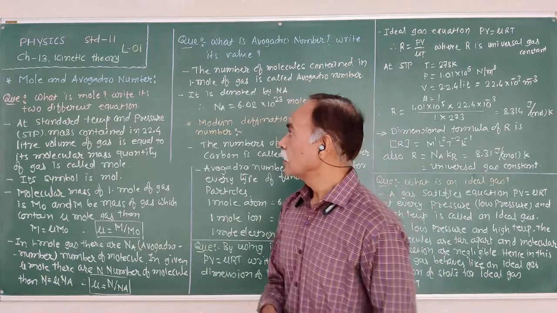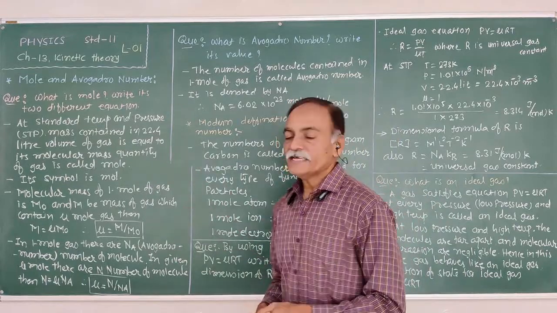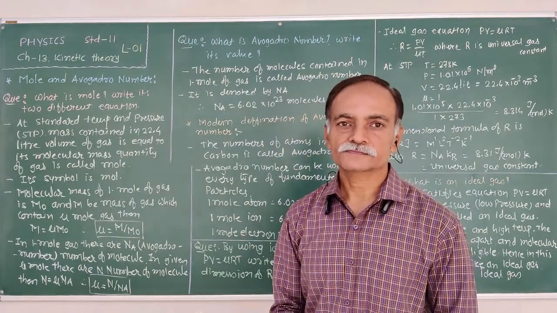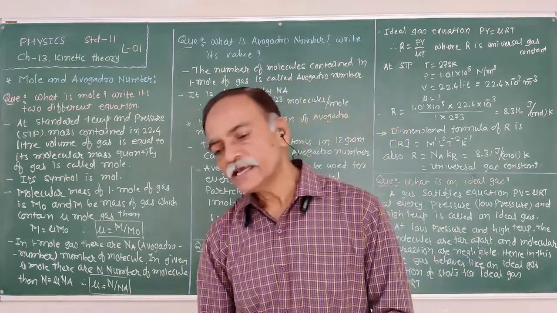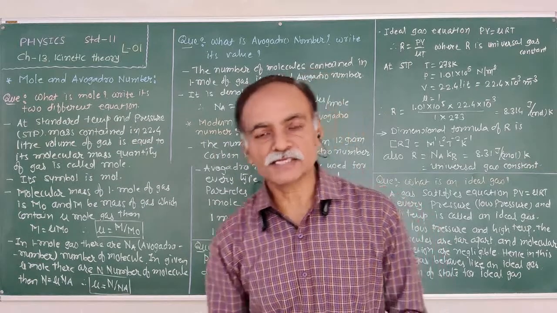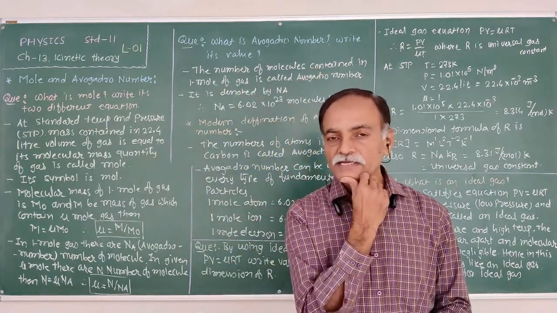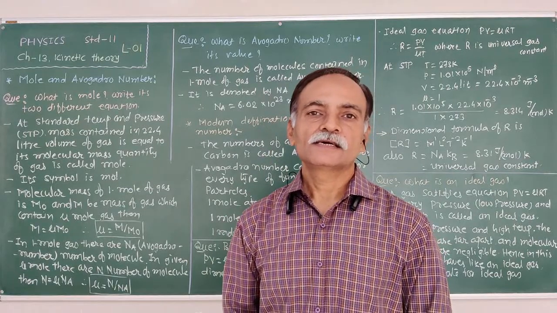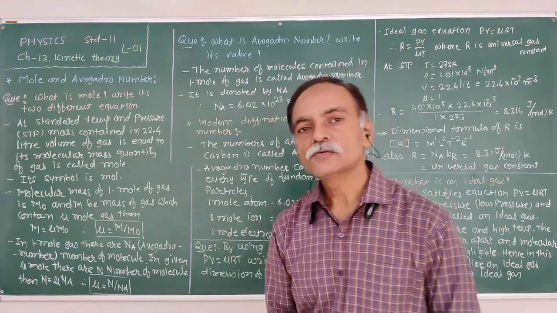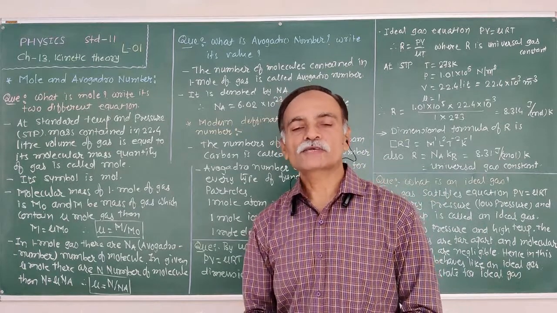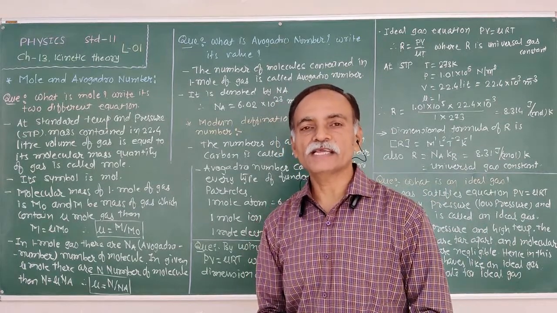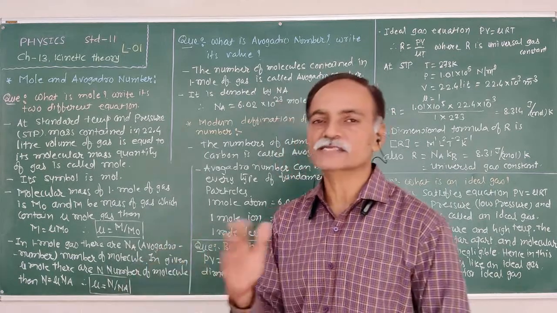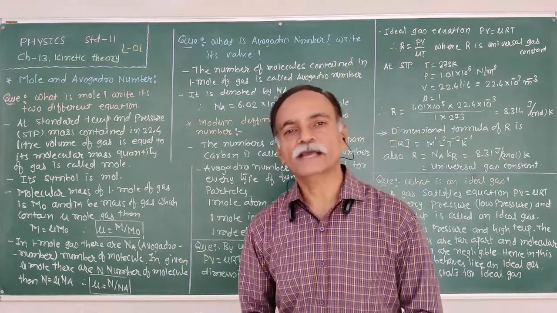First thing, what is mole, and write its two different equations. Already, in the equation of state, that means the equation showing the relation between pressure, volume and temperature. According to Boyle's law, at constant temperature, PV upon T is constant. That means PV is equal to constant for a given constant temperature and given quantity of a gas.